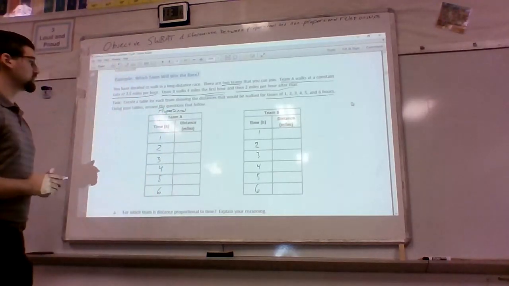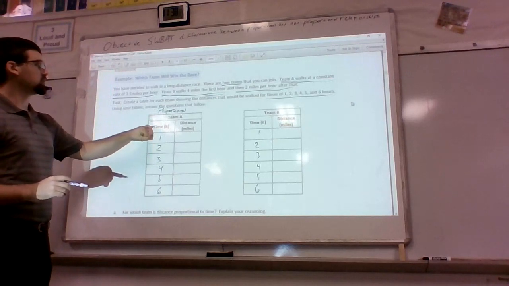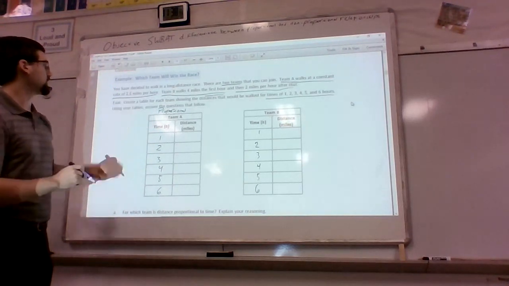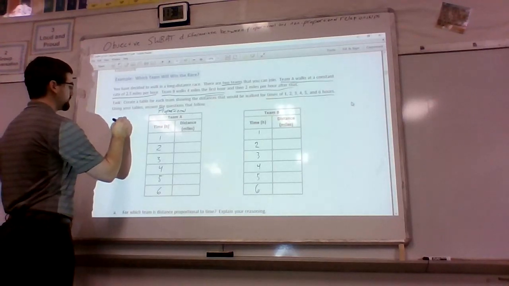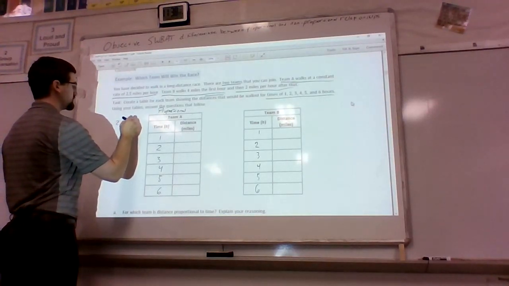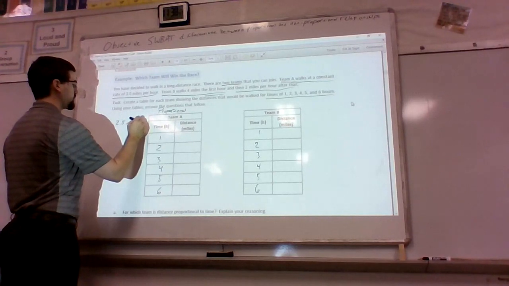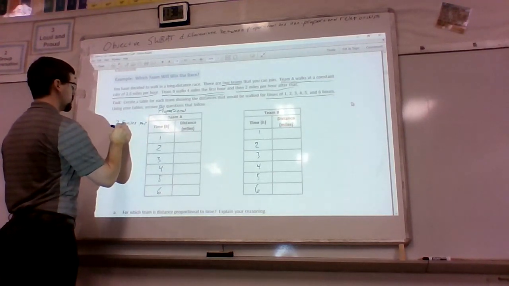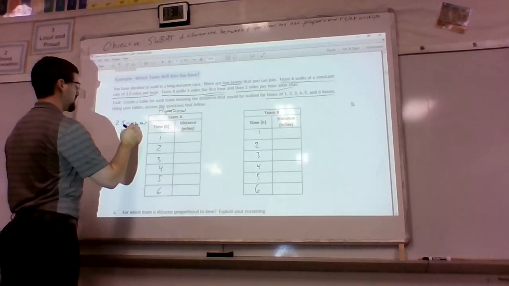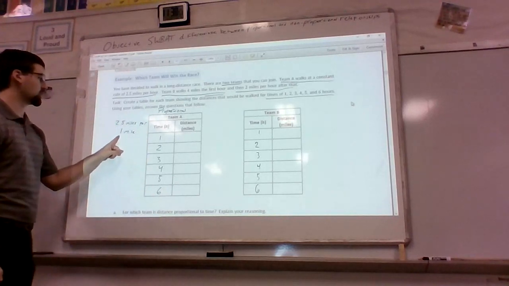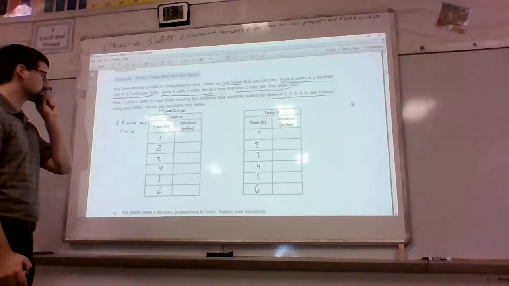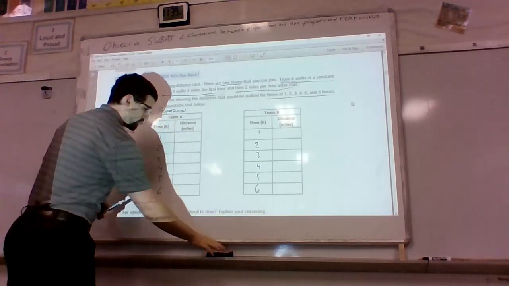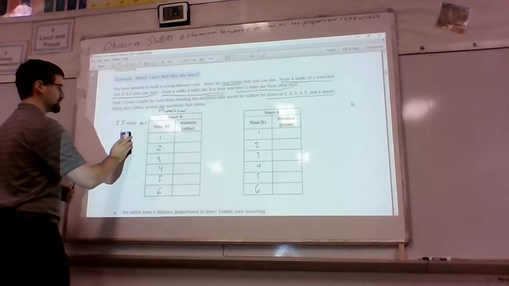So let's take a look. They walk at a rate of 2.5 miles per hour. So that's 2.5 miles per 1 hour. Wow, I'm having a rough day so far.